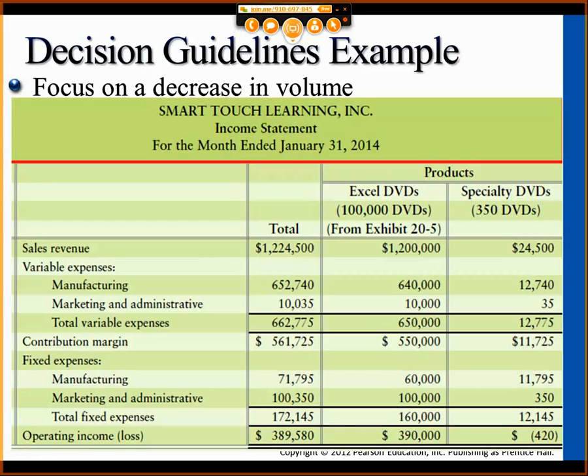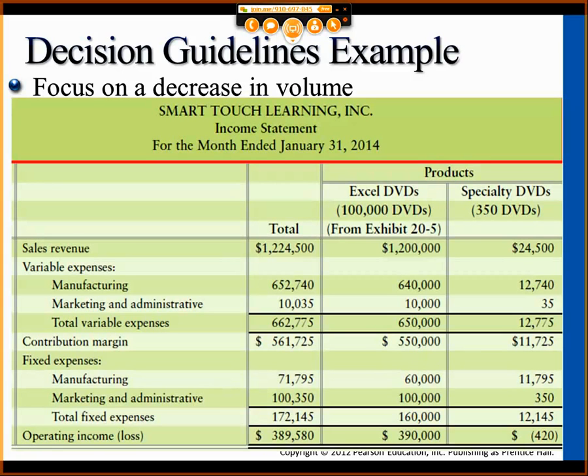This should tell us something about whether we stay with the specialty DVDs or not. Naturally, this is not a number anyone would like in their operations. It's a loss, so management is going to consider dropping this product. You don't want to operate at a loss.